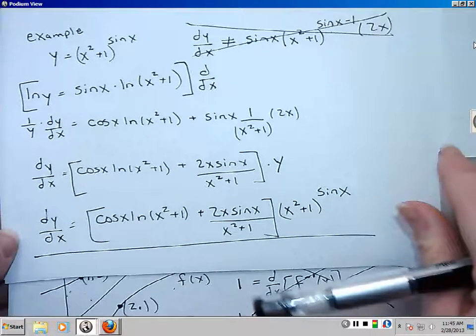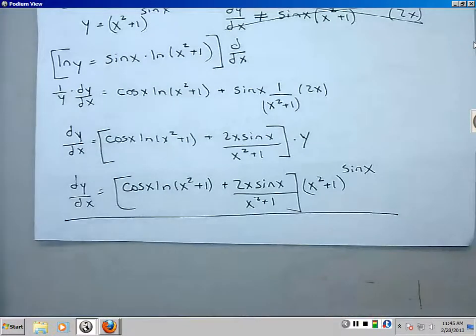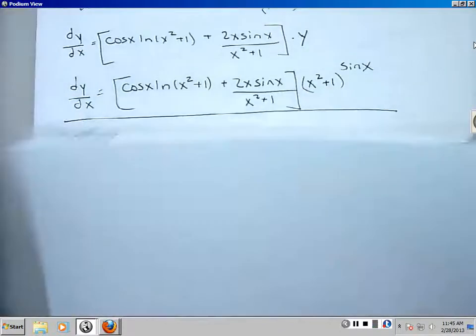So the last thing we're going to talk about is derivative of inverse trig functions.